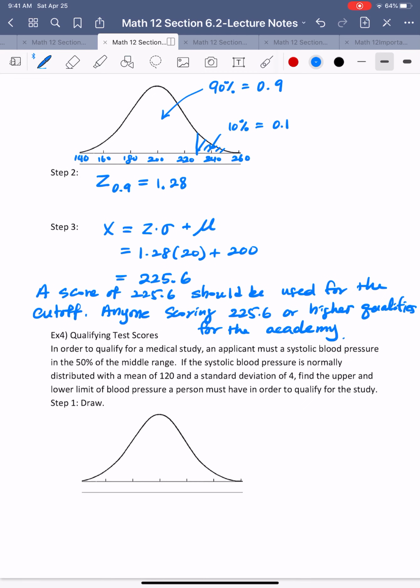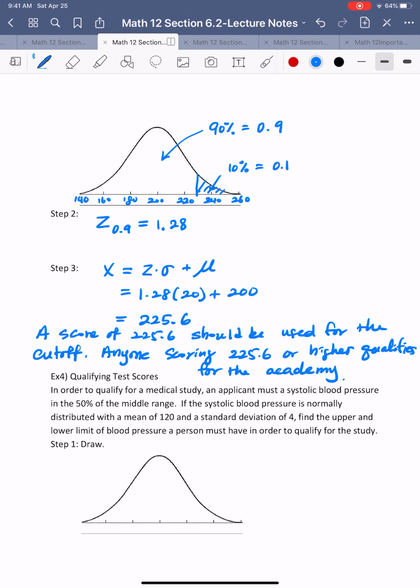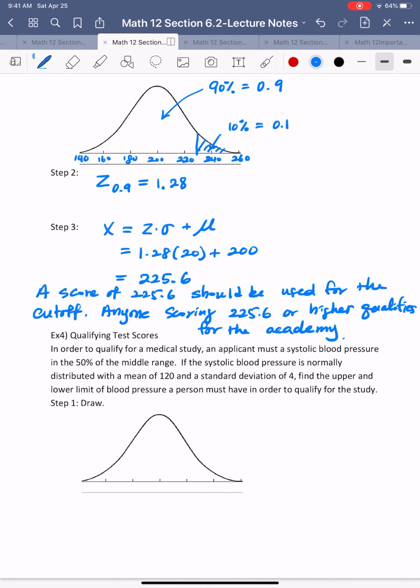Okay. Number 4, qualifying test score. In order to qualify for the medical study, an applicant must have systolic blood pressure in the middle 50% range. The systolic blood pressure is normally distributed with a mean of 120 and a standard deviation of 4.